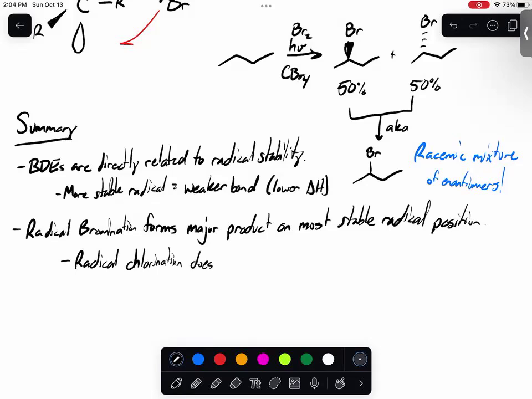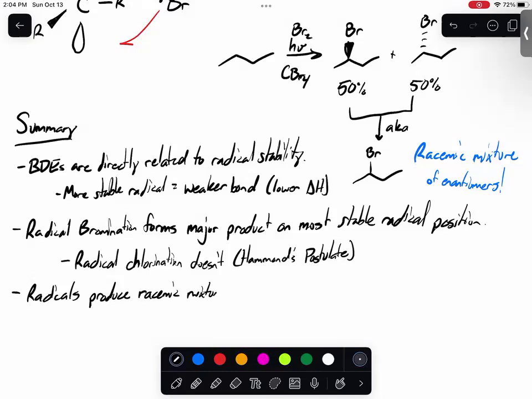And as a reminder of why that is, it's due to the Hammond's postulate and everything that we had listed above. And then the very last thing I wanted to say was that radicals produce racemic mixtures, right? So a 50-50 mix of wedge and dash.